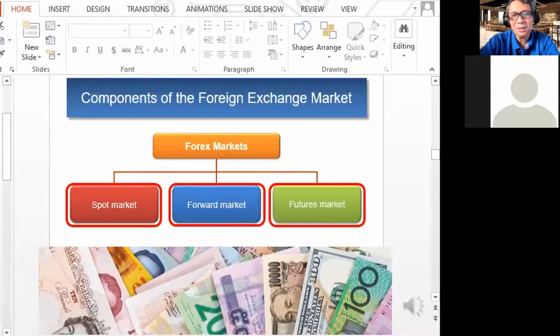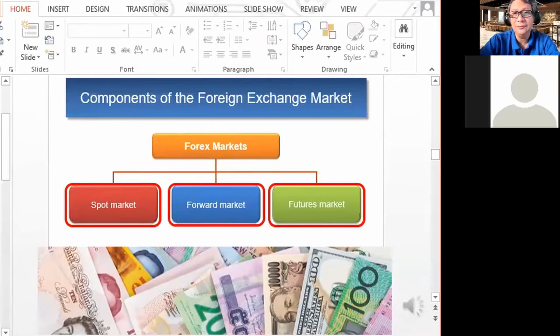Okay, another market is what we call the futures market. Actually, the futures market is similar to the forward market. The futures market again is a way of protecting yourself from risk because of price volatility.